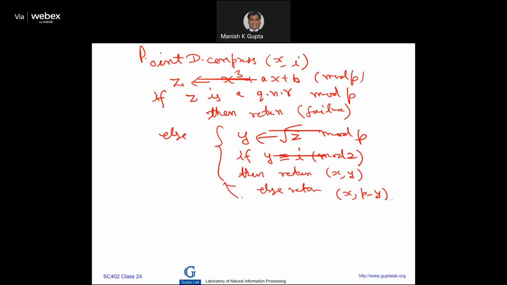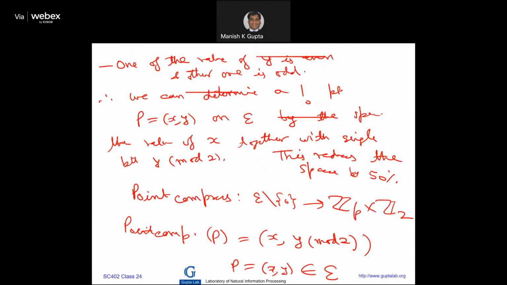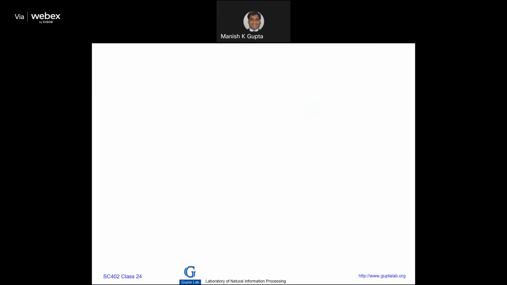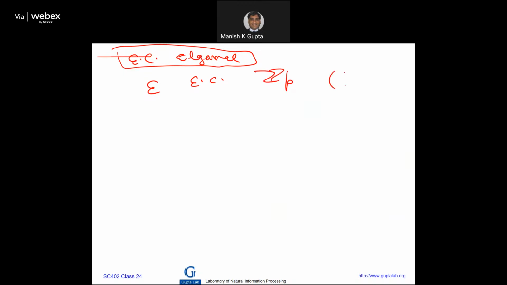Based on this observation, now I am going to describe this ElGamal cryptosystem, which is based on elliptic curves. Let me describe that for you. Elliptic curve ElGamal. E is an elliptic curve over Z_p we are considering, and obviously p is greater than 3, p is not equal to 2.